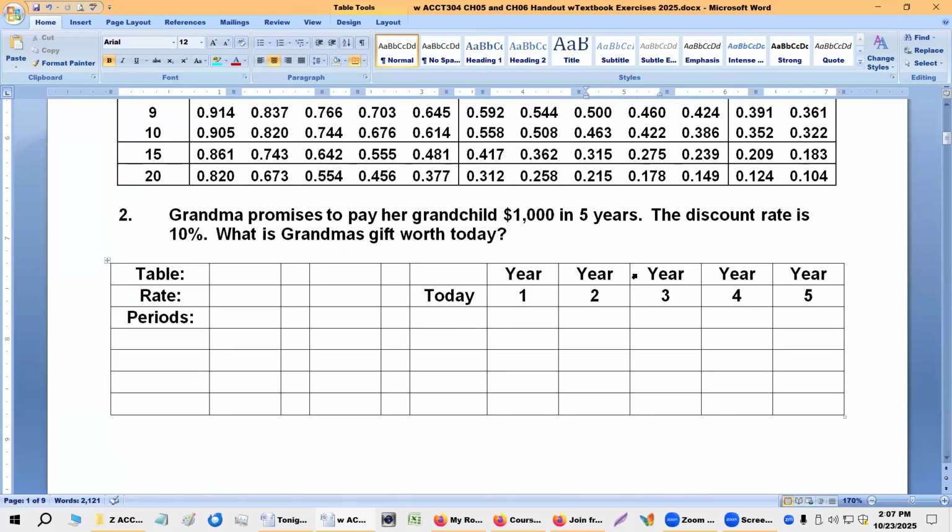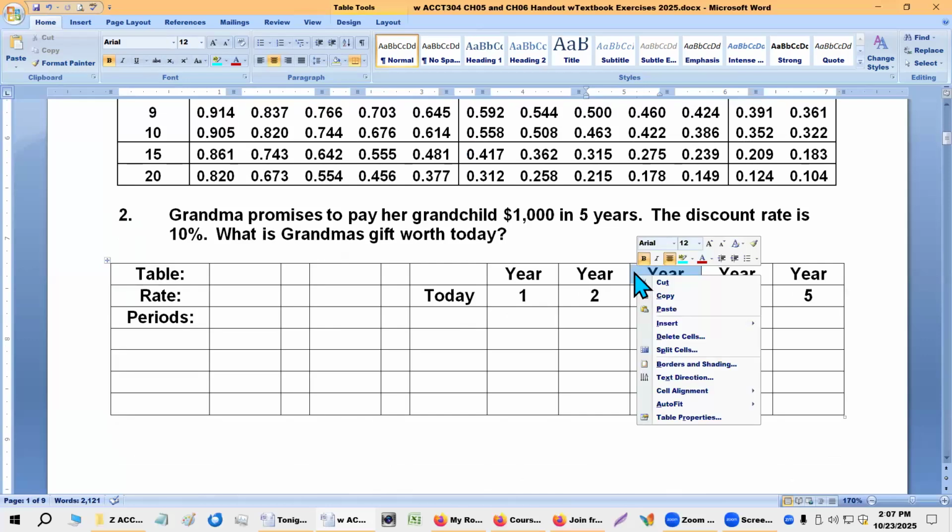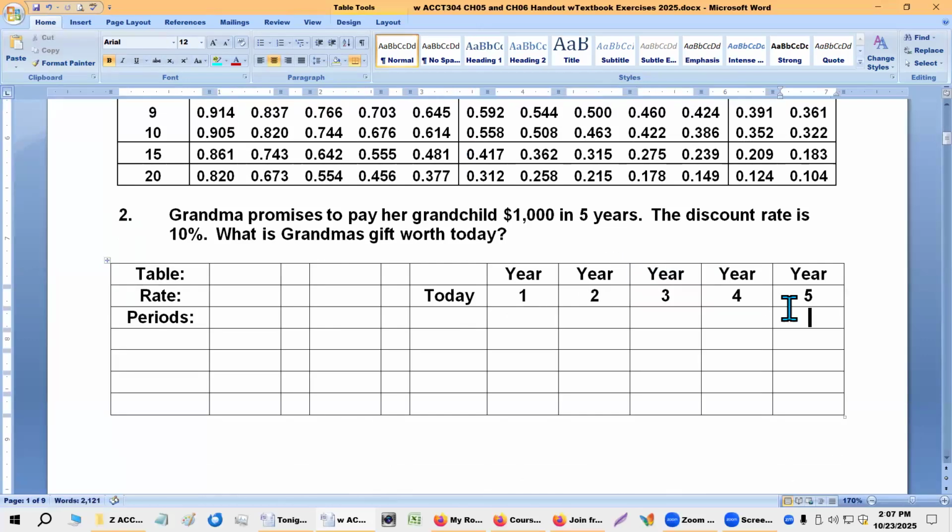Grandma promises to pay her grandchild $1,000 in 5 years. Single payment. The rate is 10%, and the periods are 5.